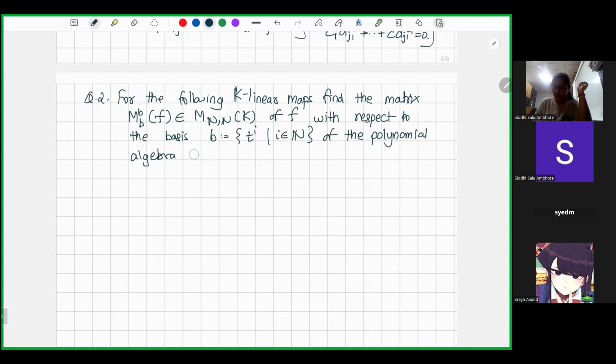Please don't be confused with the term polynomial algebra. It's just a polynomial ring. Understand it as a polynomial ring.